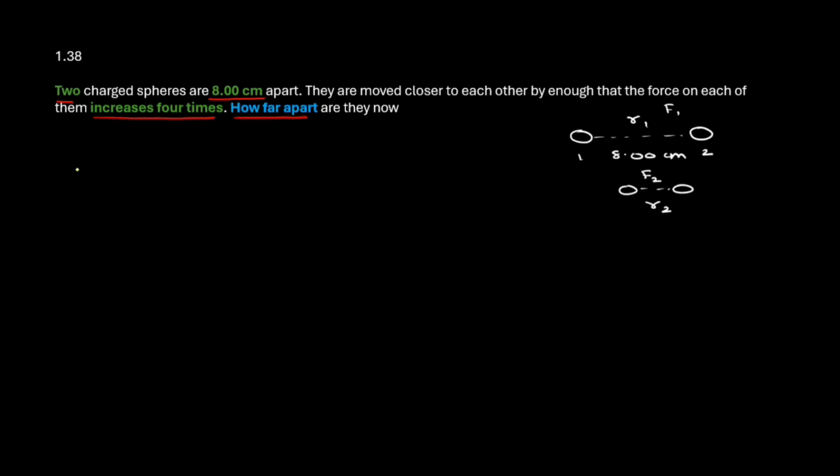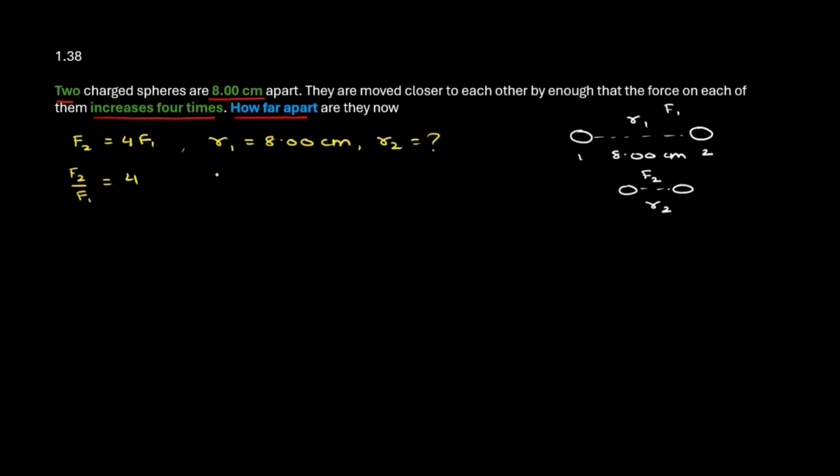The question says that F2 is 4 times F1, so when I take a ratio of F2 over F1, I get 4. Then R1, the distance between the spheres initially, is 8 centimeter. I need to find how far apart they are later.